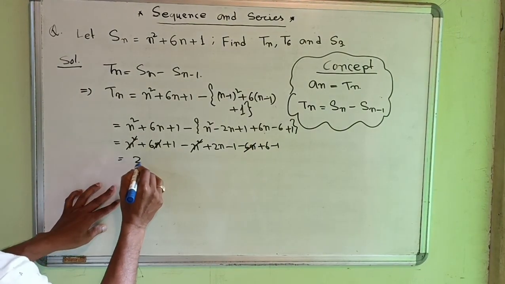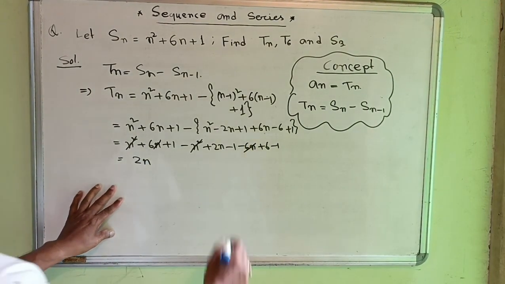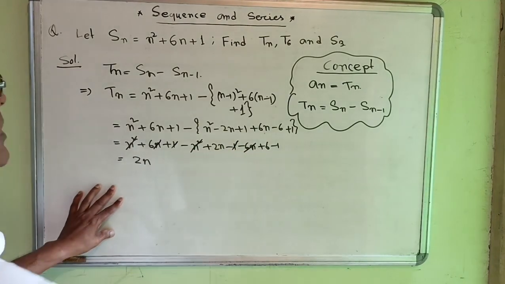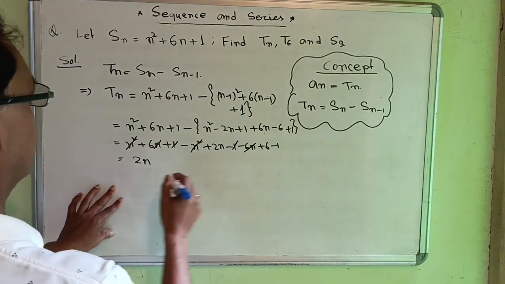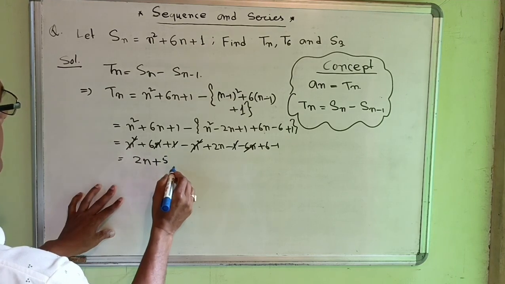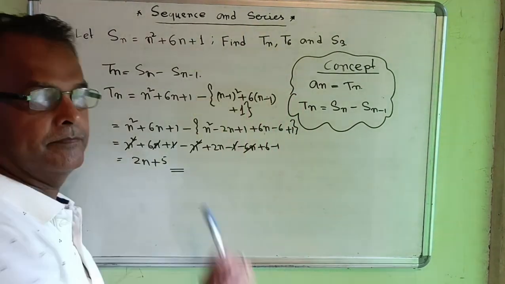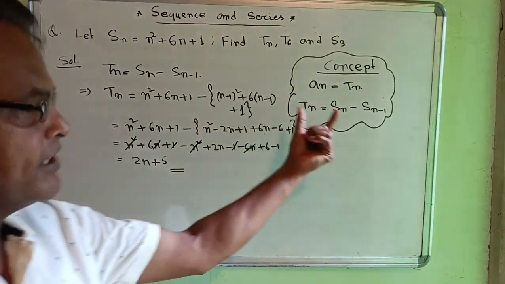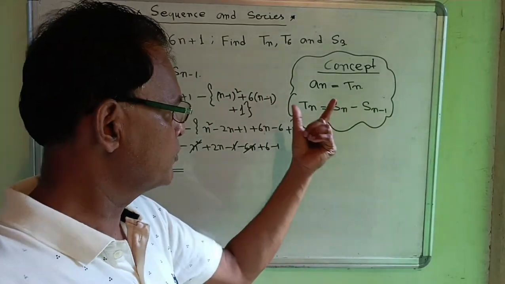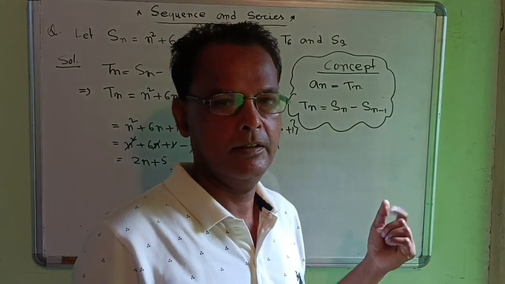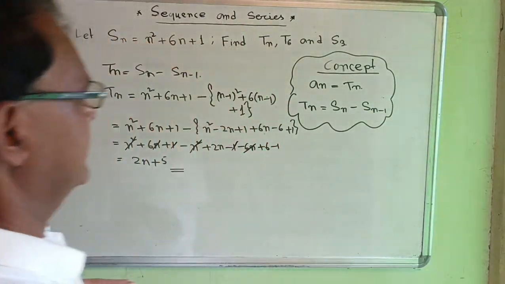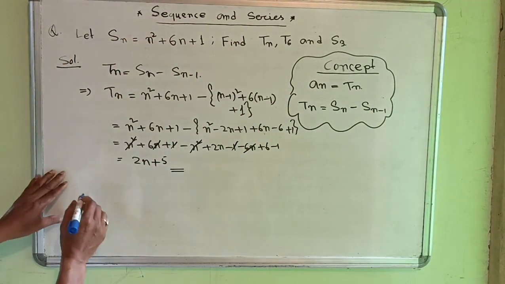Therefore we get 2n only. And 1 goes out. Then 6 minus 1 is equal to 5. That is the Tn. That's the technique. We use this concept. So we have to remember this concept. A very important concept.